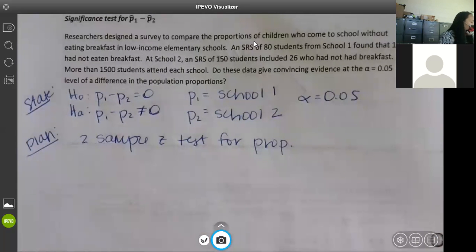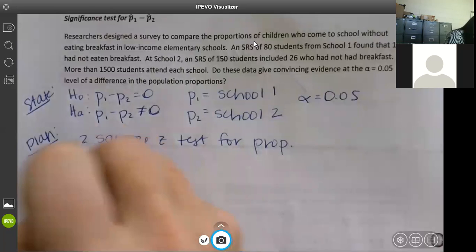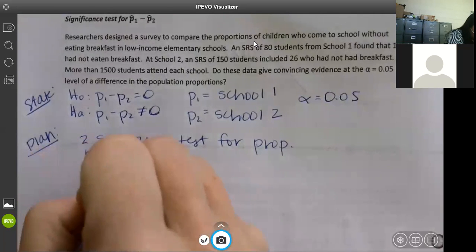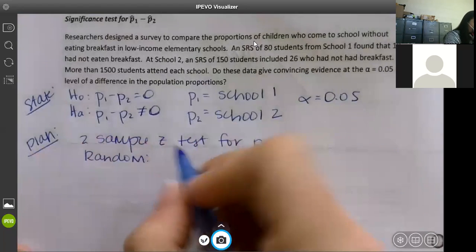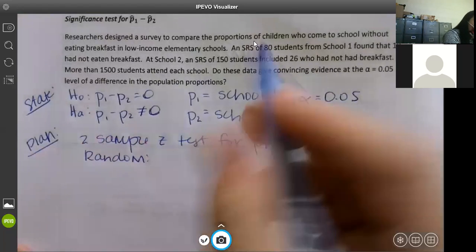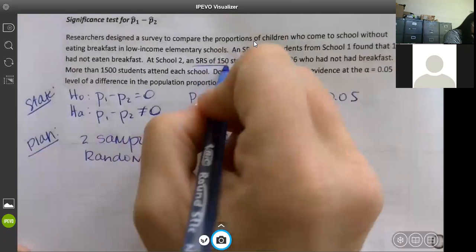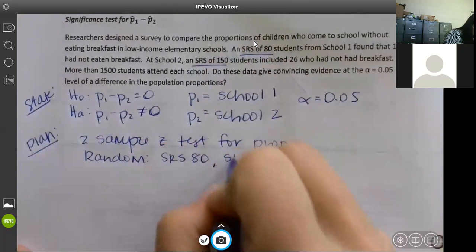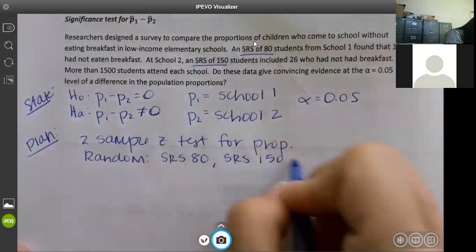All right. And then our conditions are? Okay. Is it random? It says an SRS of 80 and an SRS of 150. So yes.